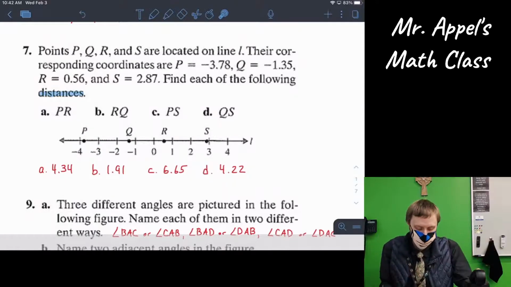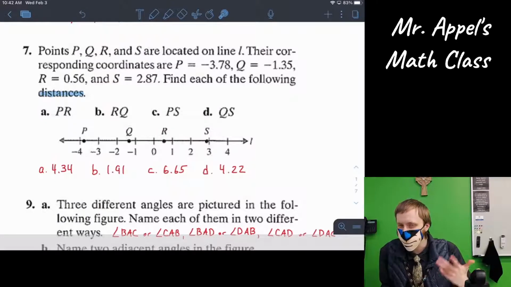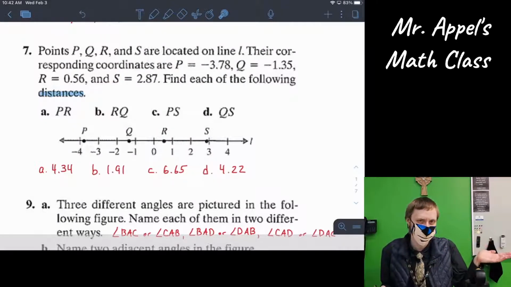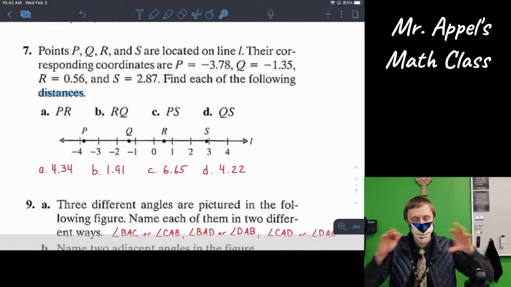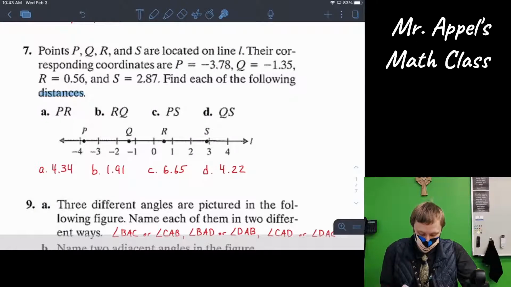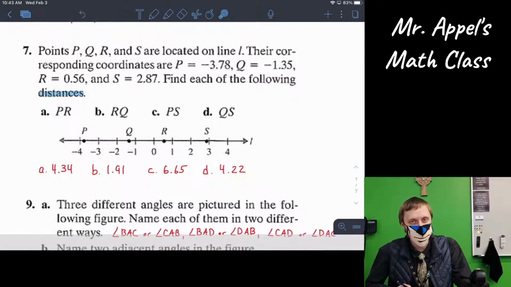It seems like elementary level, maybe you did this in second grade or even before that, but it's very critical for building up that basic element for geometry because we have to measure all kinds of things. So the measurements are: 4.34, 1.91, 6.65, and 4.22. This is a distance. It's never going to be negative, just the amount of space from one end to the other.